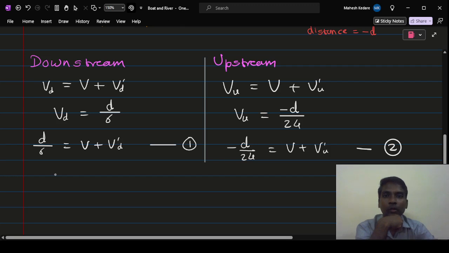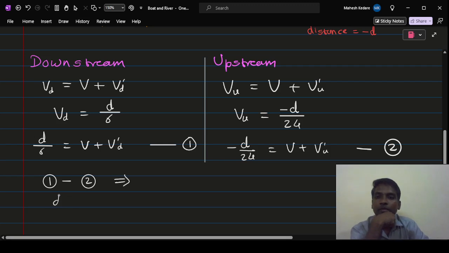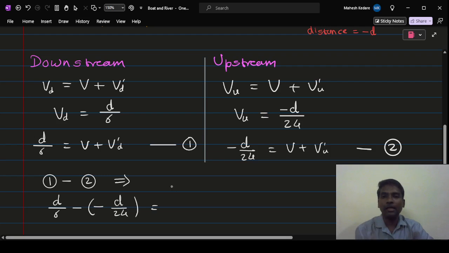So let's do the subtraction. From equation 1, we subtract equation 2, and this will give us minus equal to, where we subtract left hand sides and right hand sides separately.